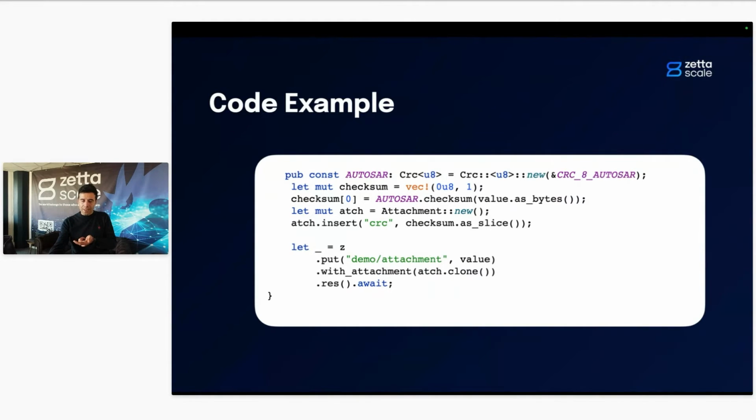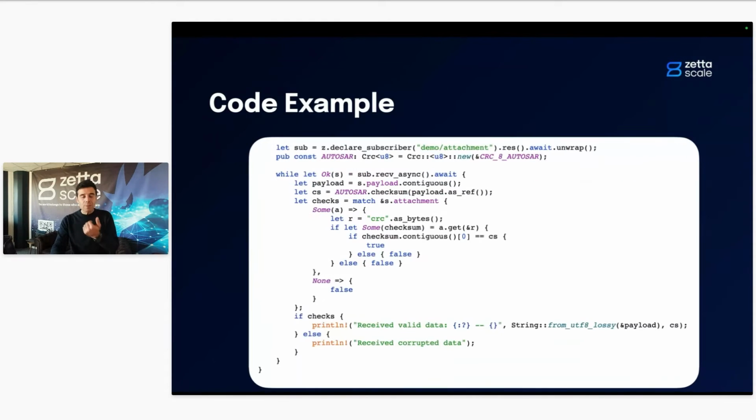Then adding an attachment is as simple as doing a put with a key and the value, and then dot with attachment, and that's it. By the way, the only reason why there is a clone here is that in the code example that I have, the application publishes in a loop, so I needed the clone because otherwise the ownership would be gone. But for this specific code example, it's not necessary.